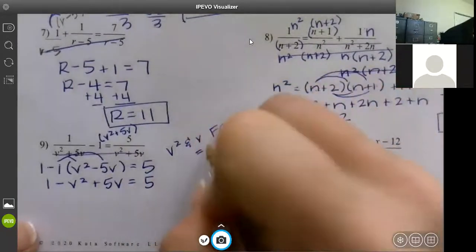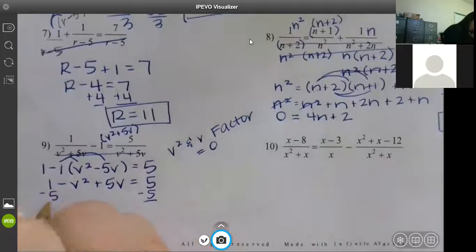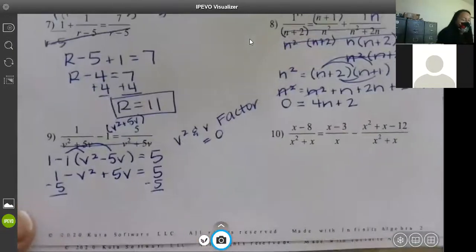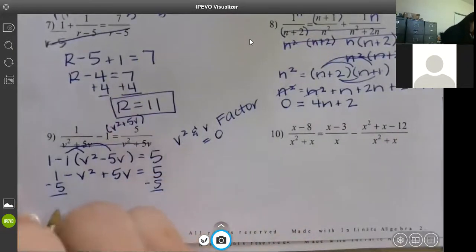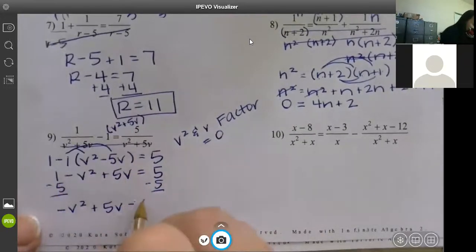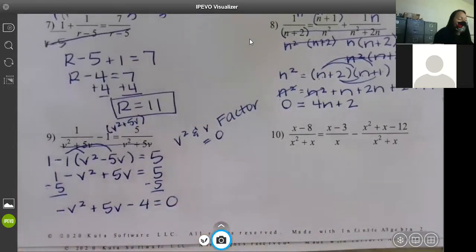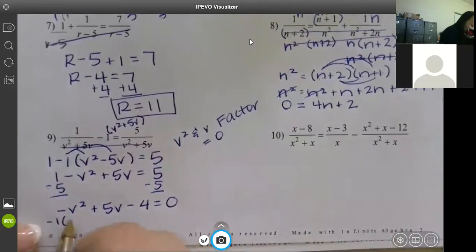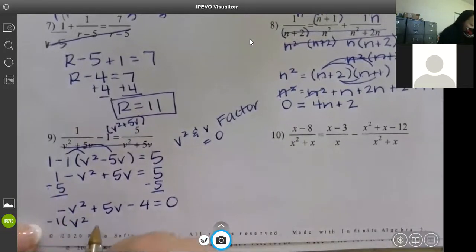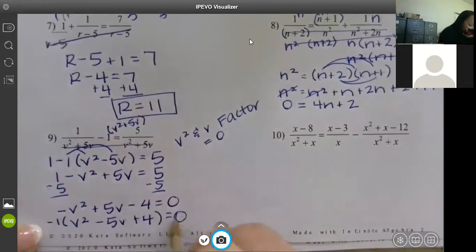So we have to get it equal to 0. So I'm going to subtract 5. I'm going to put it in order. What do I mean by that? Negative v squared, then 5v, and 1 minus 5 is -4. I don't like to start with a negative, so I'm going to factor out a -1. It leaves me with positive v squared minus 5v and +4 equals 0.